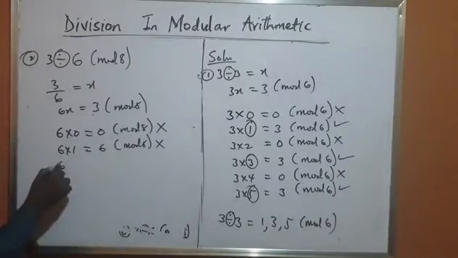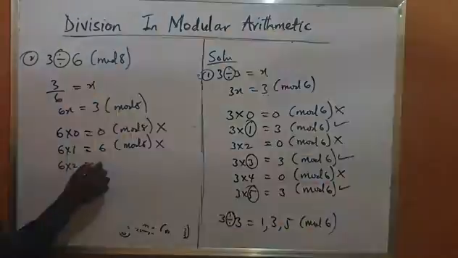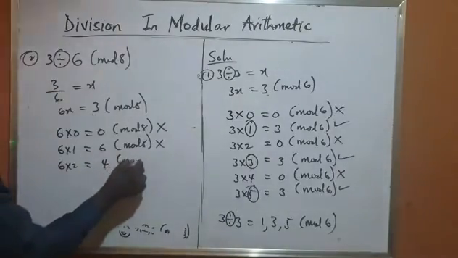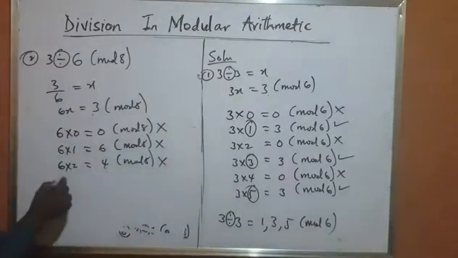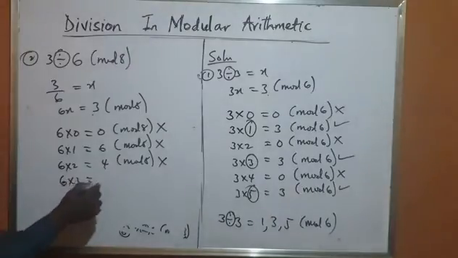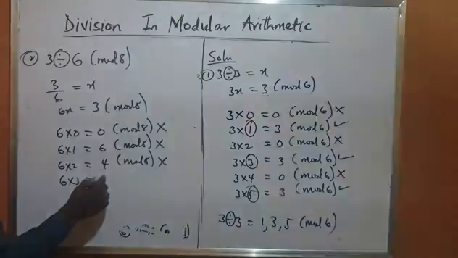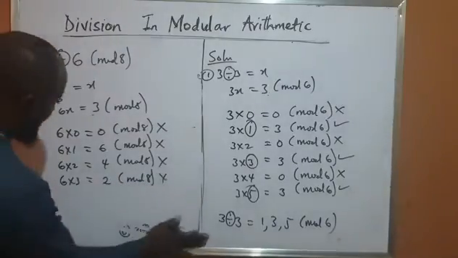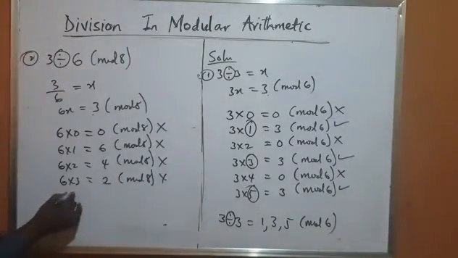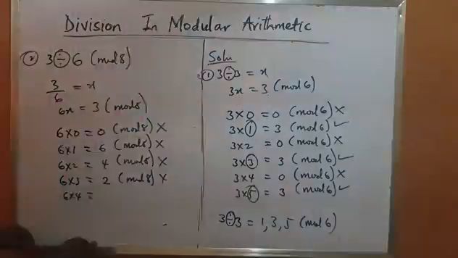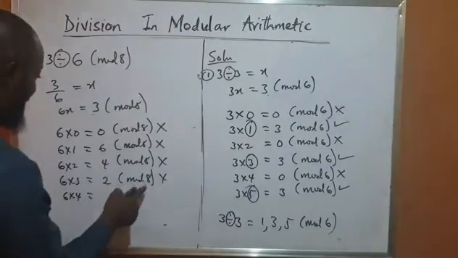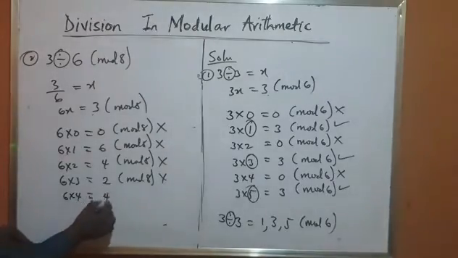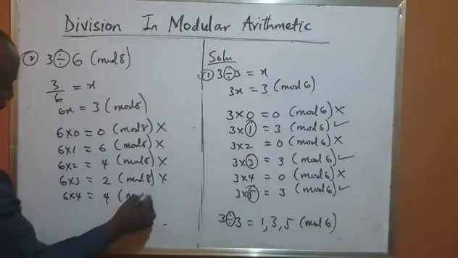So it's out. 6 times 2 gives us 12. 12 in mod 8 is 4. This is also out. 6 times 3 is 18. 18 is 2 mod 8. This is also out. You continue. 6 times 4 is 24. That is 0 mod 8.